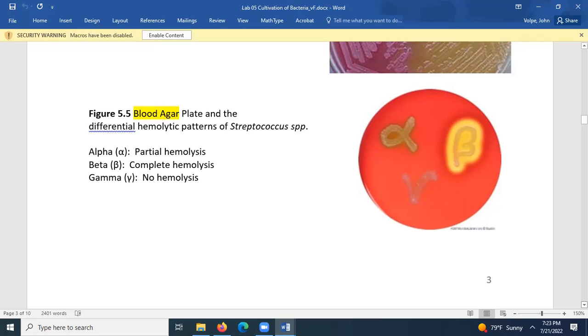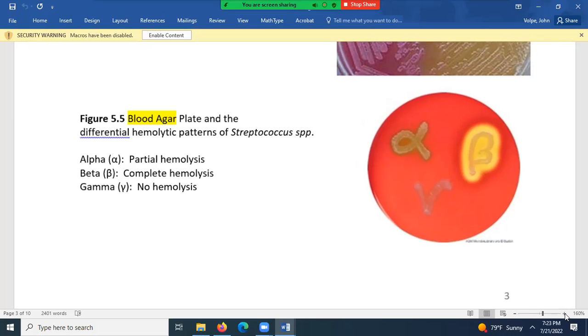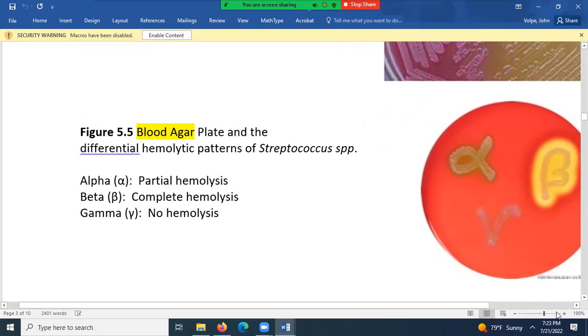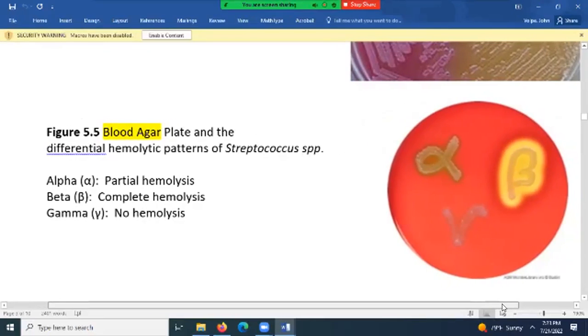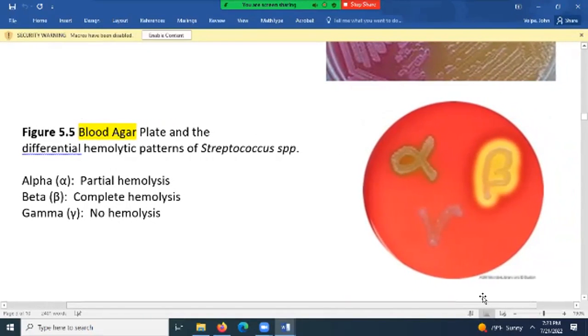Like Streptococcus pyogenes can grow on a blood agar plate, but it will not grow on general purpose. So that's an enriched. Blood agar is also differential because it allows you to differentiate between hemolytic activity.